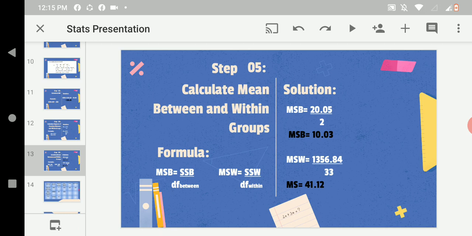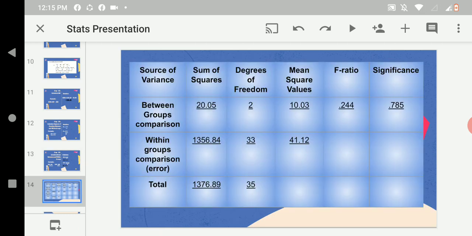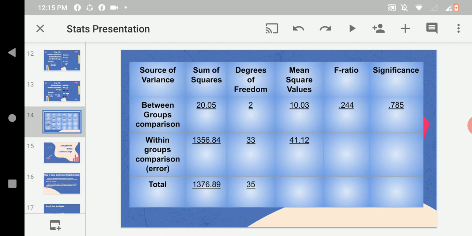All those calculated values will be placed in this specific table. As you can see, a while ago we discussed the sum of squares, the degrees of freedom, and mean square values. Now we will see how we get the F ratio and the significance.